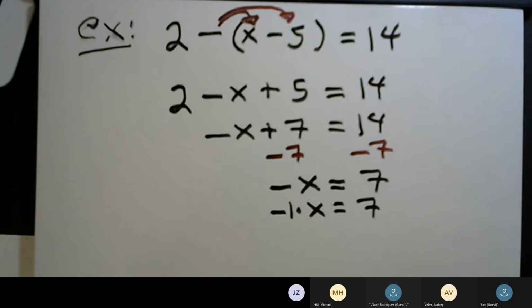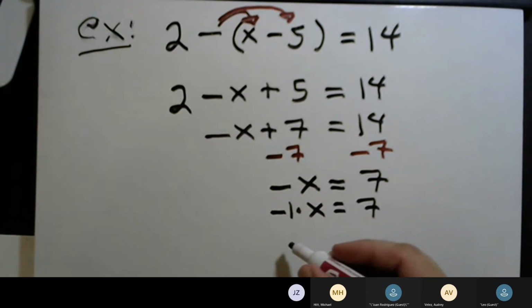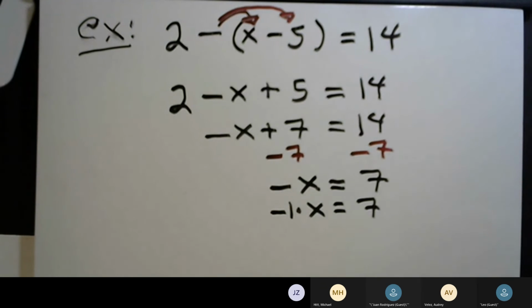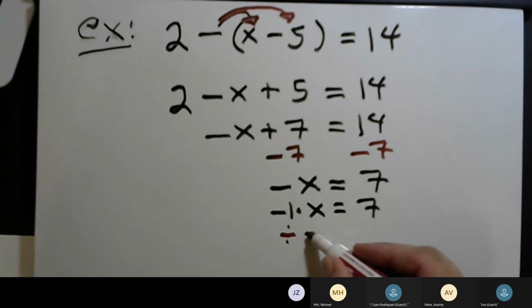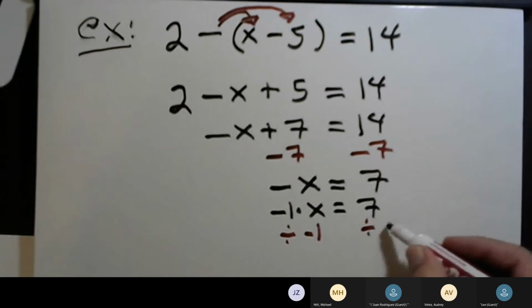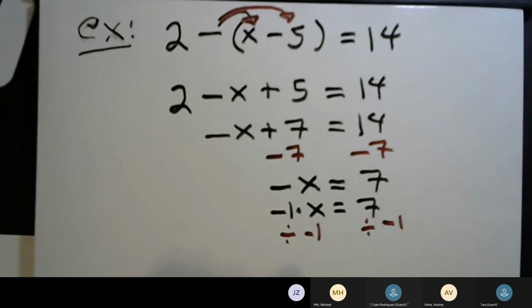So how do we get rid of it? We want to get x completely by itself. Well, what we can do is do the opposite. If we're multiplying by negative 1, the opposite of multiplication is division. So we divide by negative 1. So these will cancel out.